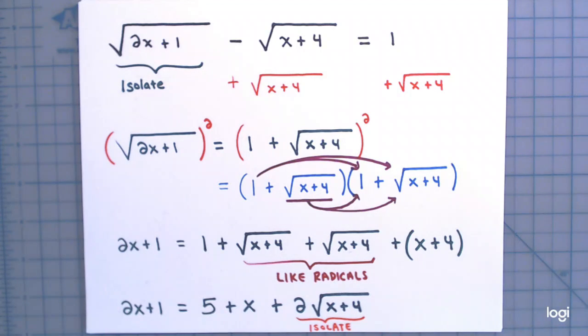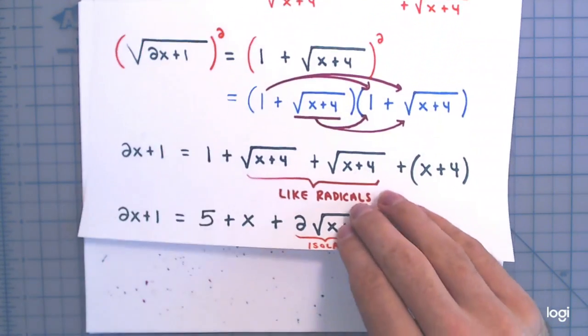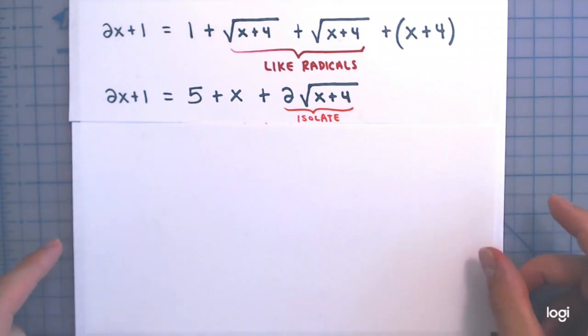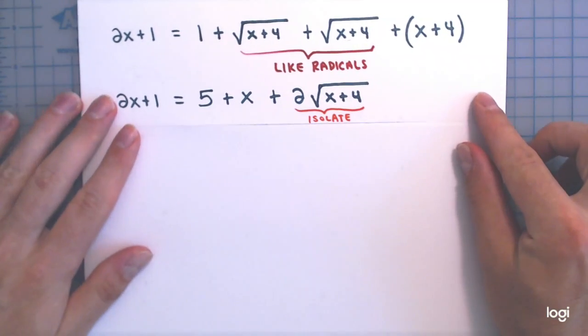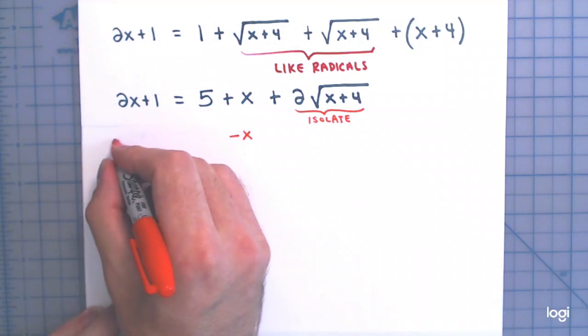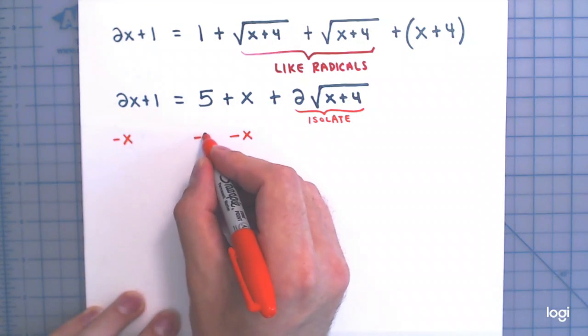In order to do that, I would need to get rid of this 5 and this x, those terms. So let's do that. I subtract x from both sides. I'm also going to get rid of that 5, right?